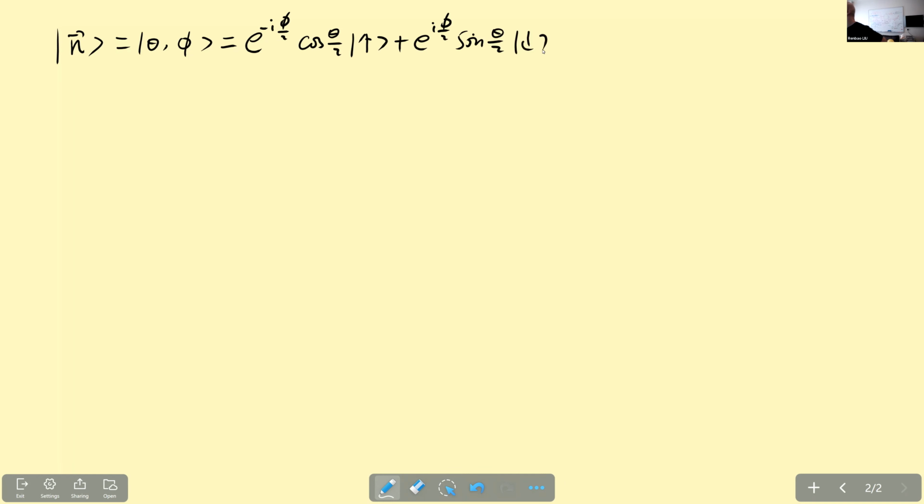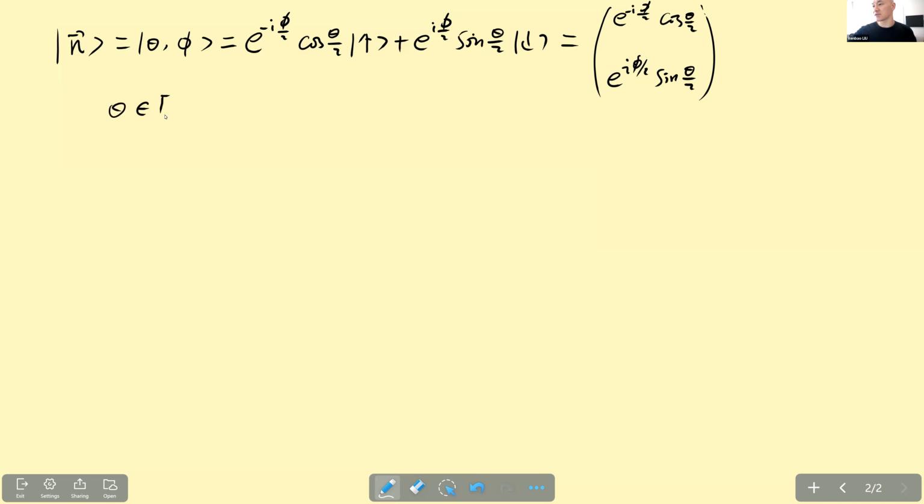In matrix form, it is (e to the minus i phi over 2 cosine theta over 2, e to the i phi over 2 sine theta over 2).